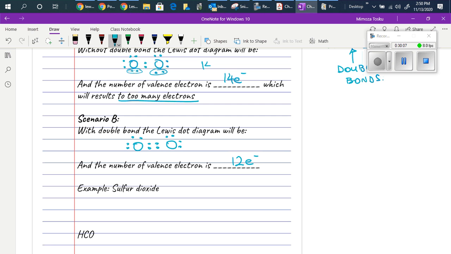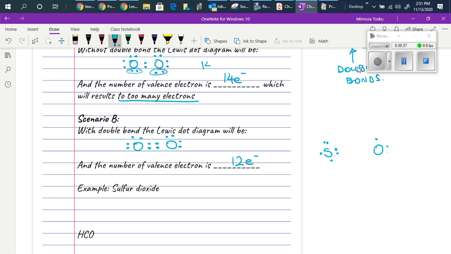So let's take a look now at sulfur dioxide, starting with the formula, defining which one is the central atom and how we can place the electrons. Sulfur has 6 electrons in the outer shell: 1, 2, 3, 4, 5, 6.